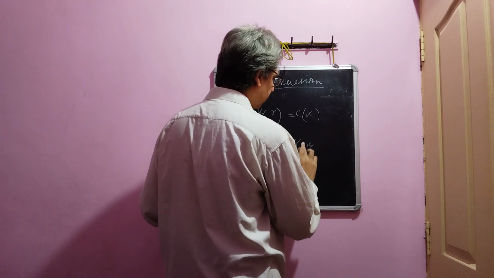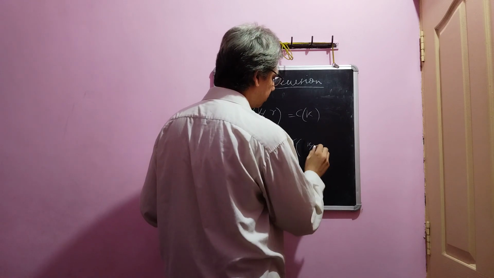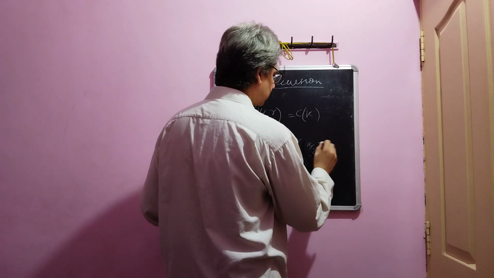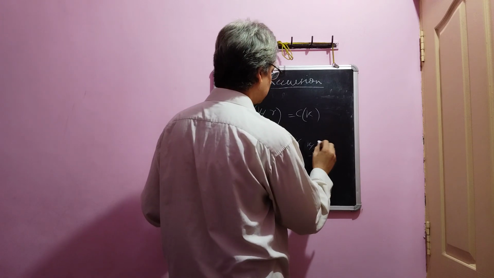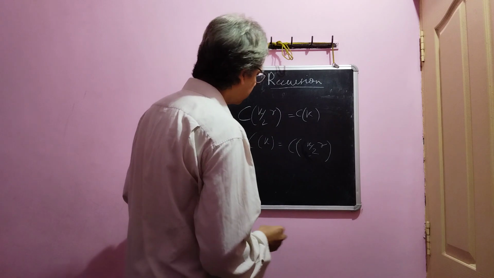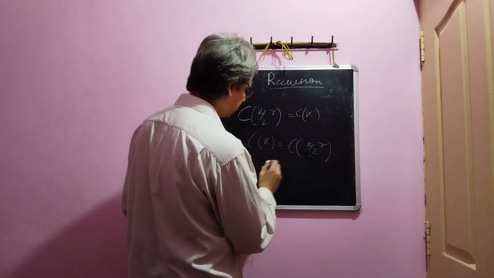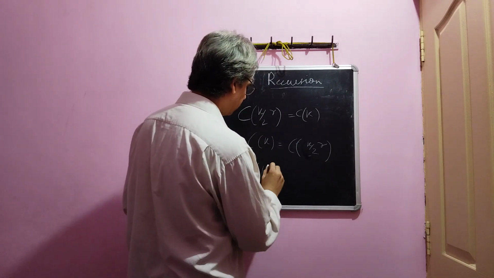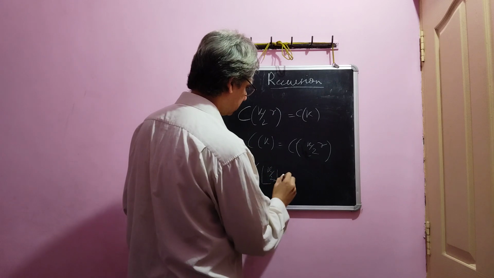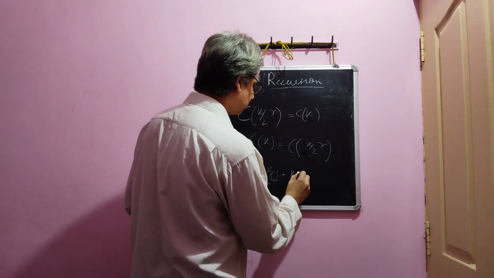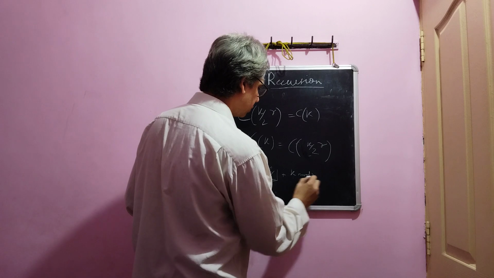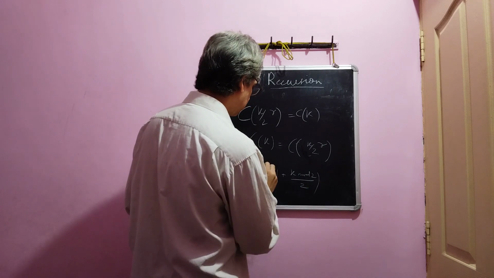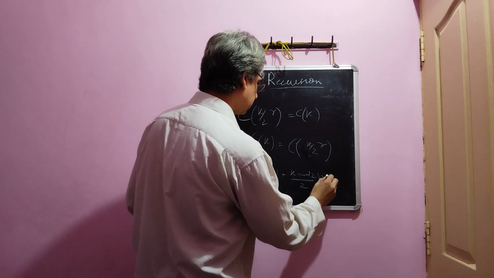floor of k by 2 times V of k by 2 times r. Now we can rewrite this as C of floor of k by 2 plus k mod 2 by 2 times r.